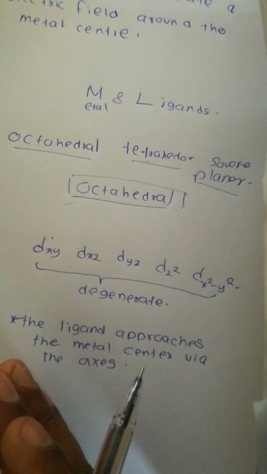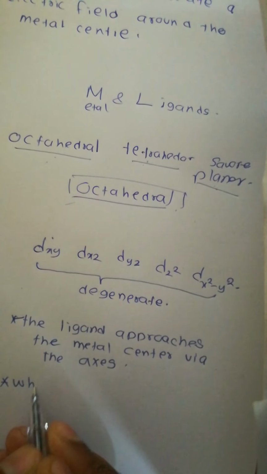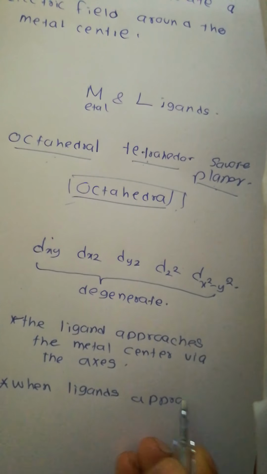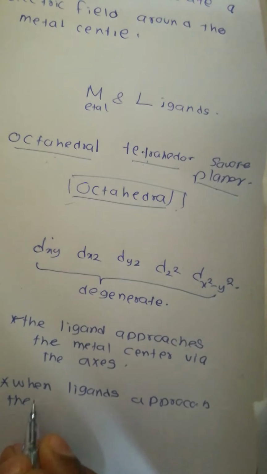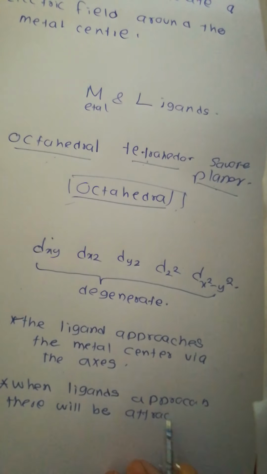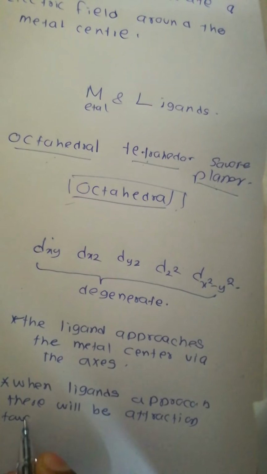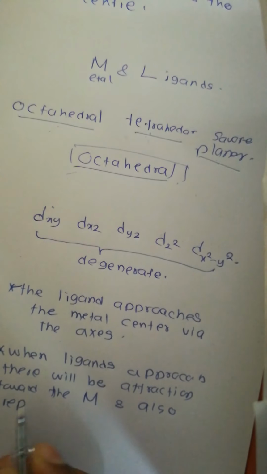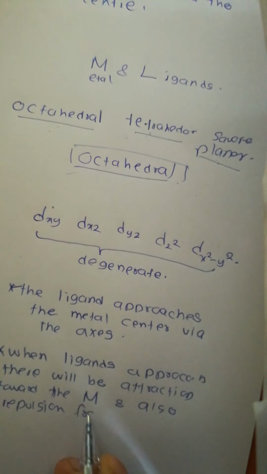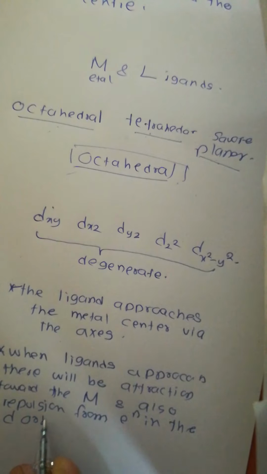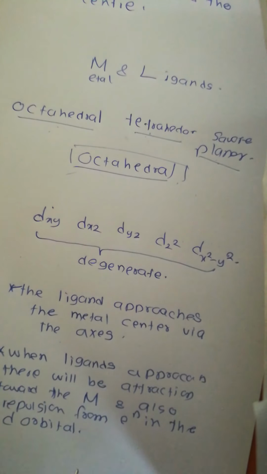When ligands approach, there will be attraction towards the metal, and also repulsion from the electrons in the d orbital.